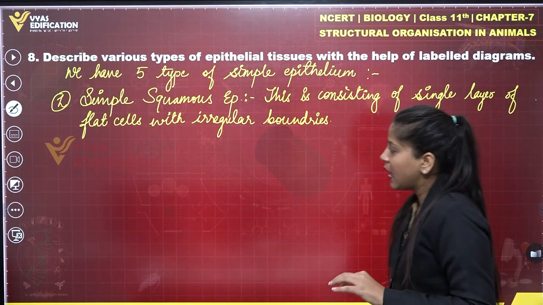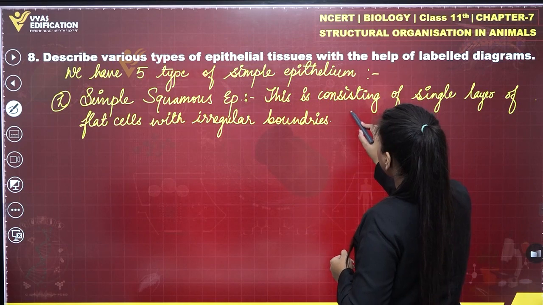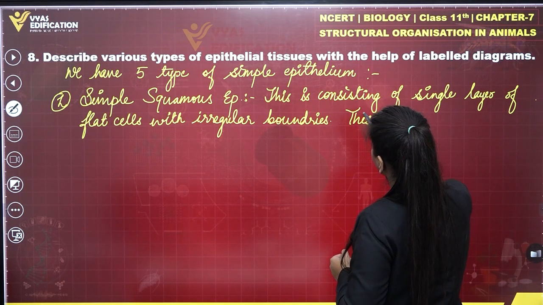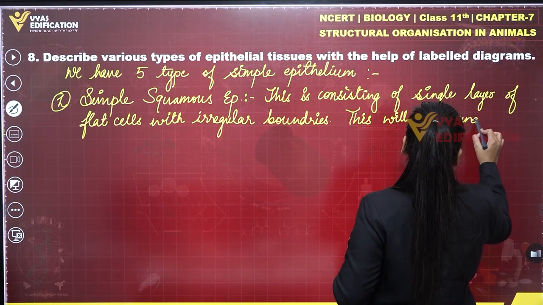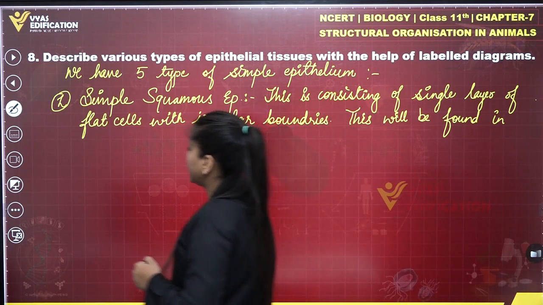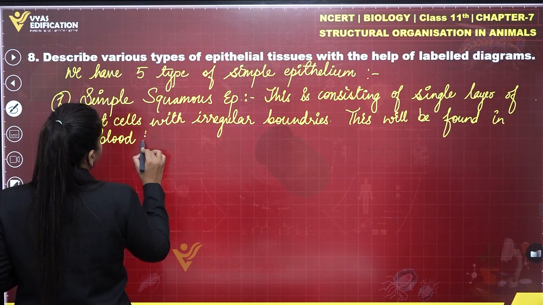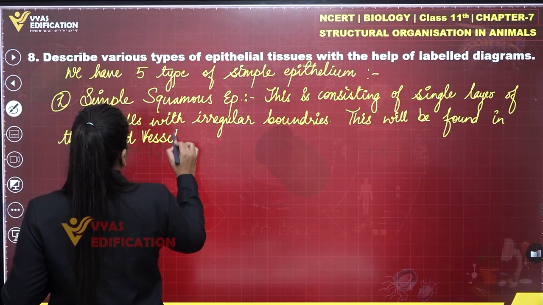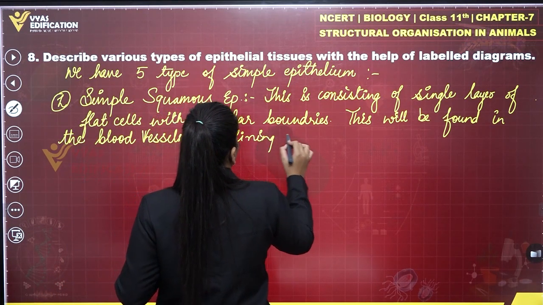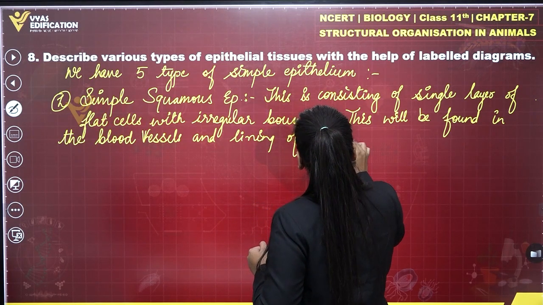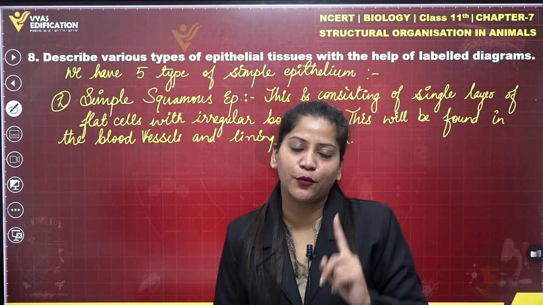If you talk about where you will find this simple squamous epithelium, it is found in the blood vessels and in the lining of alveoli in your body.